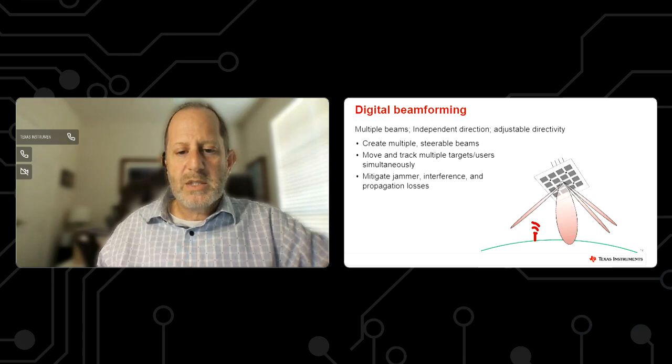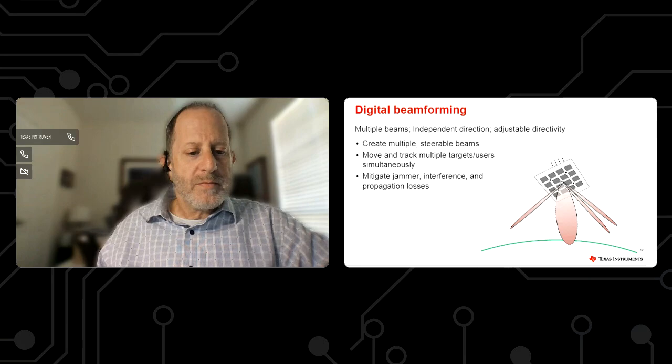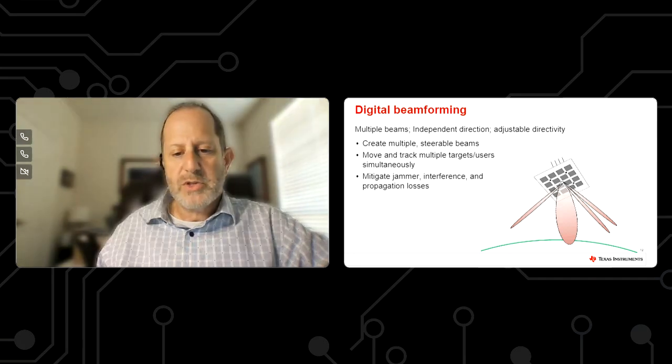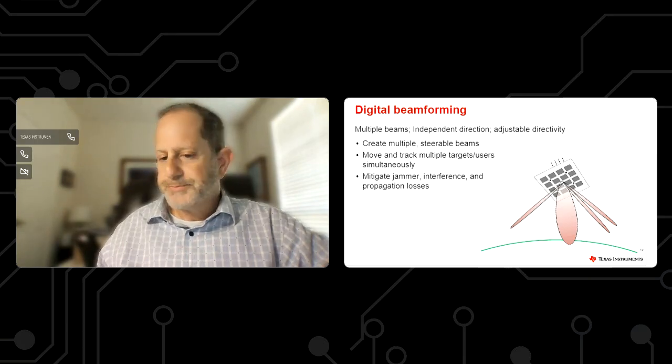And if this thing is jamming and it's hitting you in this physical location, but you don't have a beam sitting there, then the effect of that jammer is not going to hurt you too bad. So basically, in summary, we can move these things around to cover different users. We can also move around the nulls so that we can mitigate any interference or jammers in our system.